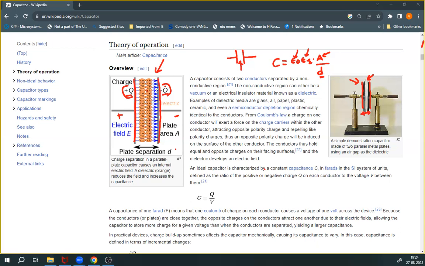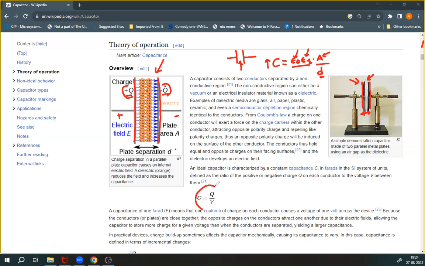In orange you see the dielectric material, and because of this dielectric, the charge separation in this parallel plate capacitor causes an internal electric field, and the dielectric reduces this field and increases the capacitance. If you have a dielectric material with a high dielectric constant, the capacitance is going to go up. So internally the electric field gets reduced and the capacitance gets increased.